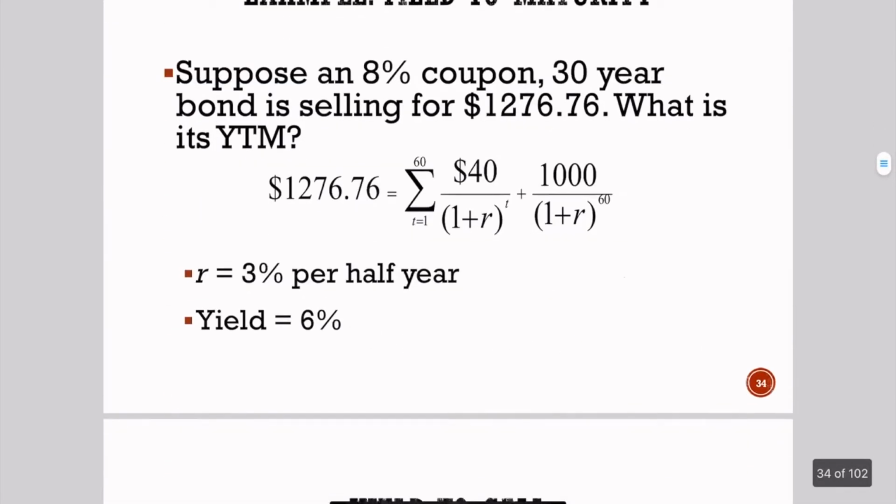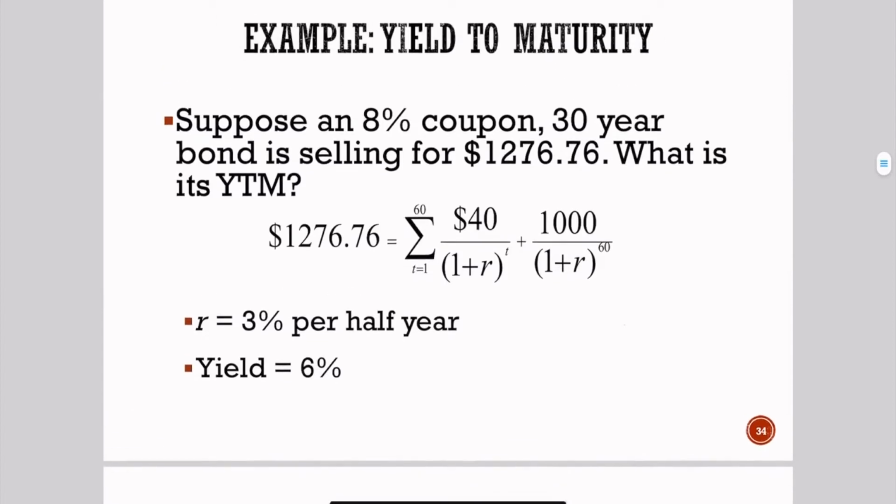So here you can see that, let's say we have a 30-year bond with 8% coupon rate. Its current price is $1,276.76. And now what is its yield? Let's assume the par value is 1,000.